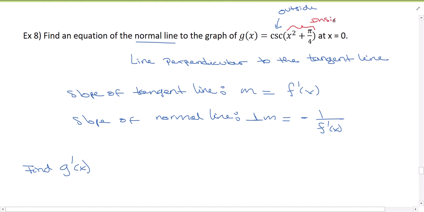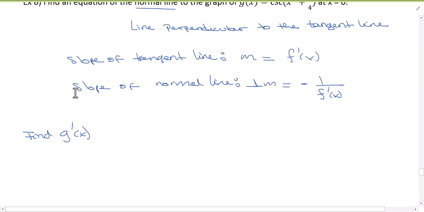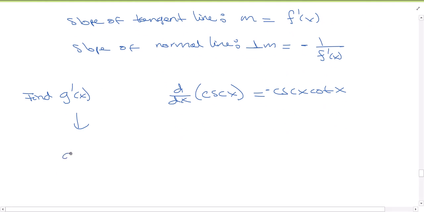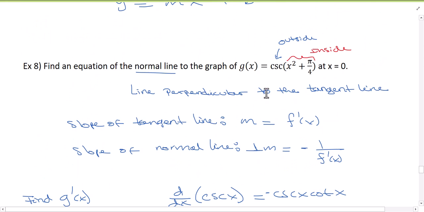So what do you know about the derivative of cosecant? If I have just cosecant x, what's the derivative? The derivative is negative cosecant cotangent, right? But because I have a chain rule, that's going to change the inside here. So g prime of x is going to be the derivative of the outside with the inside left alone.